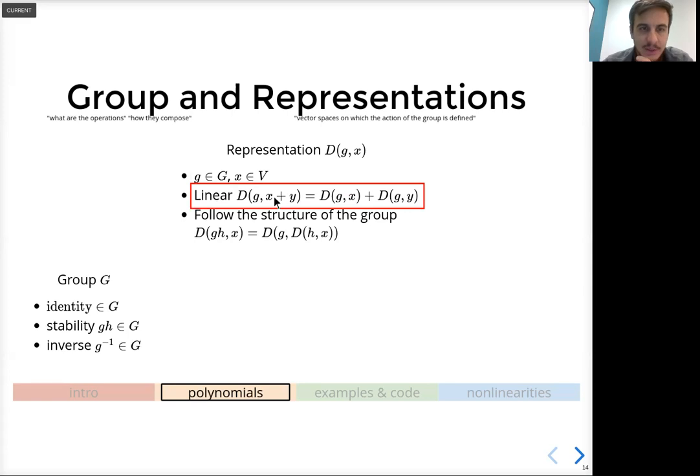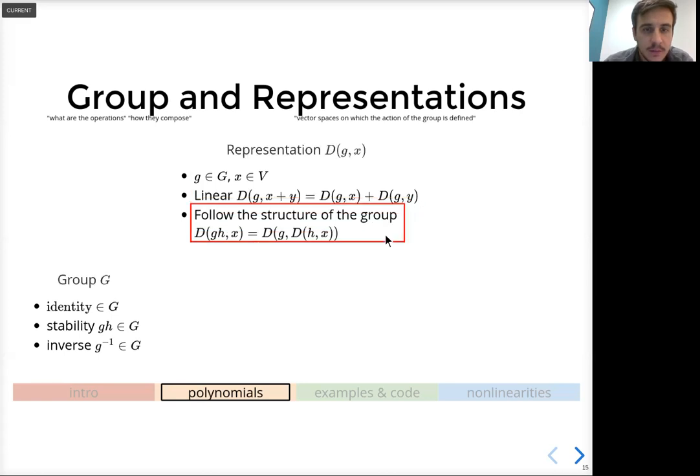So if you apply it to x plus y, it's the same as applying it to x and y separately and summing together. And it has to follow the same structure as the group. So if you want to apply the composition gh to x, it has to be equal to applying first h to x and then applying g after.